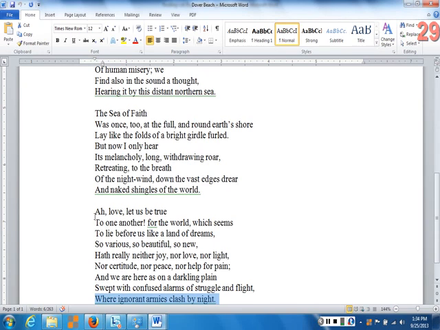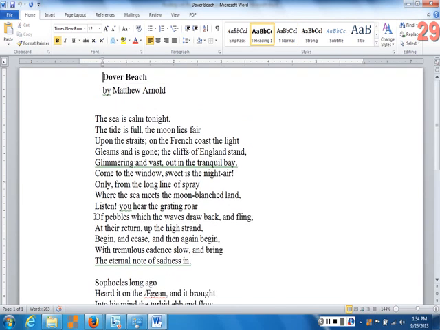By the time you get to the end of Dover Beach, you can no longer say, oh, it's a poem about the ocean, how beautiful the ocean is and what it sounds like. No. It starts out like that. Nor can you say, oh, it's about the sadness of life. Well, sure, that's part of it, but it's not just that, is it?